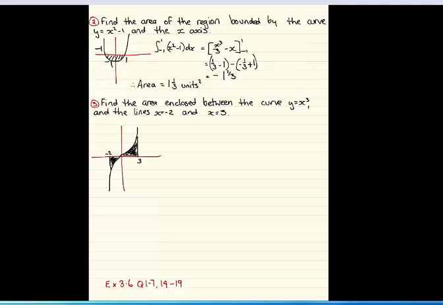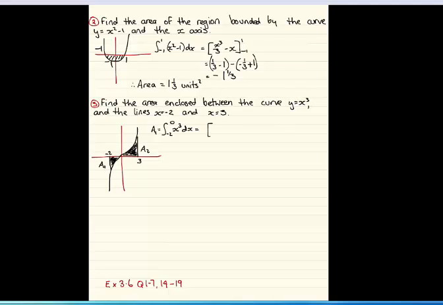Alright, so give them a name. Make sure that the examiner knows exactly what it is you are working out. Okay, so I'm going to call them area 1 and area 2. You can call them anything you like. And then work them out separately. So area 1, well, that goes from negative 2 to 0 of x cubed dx.